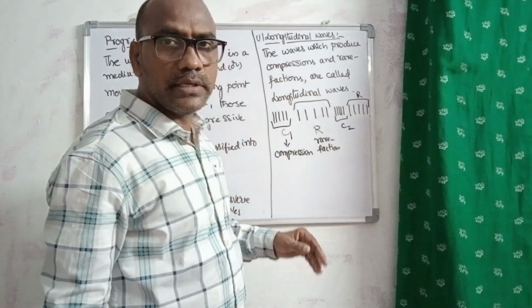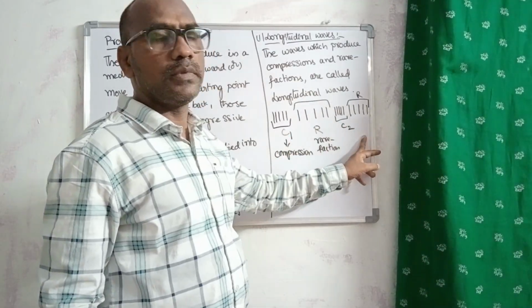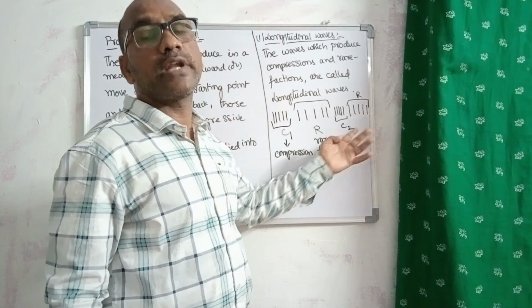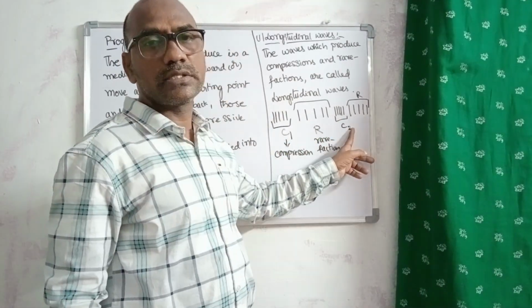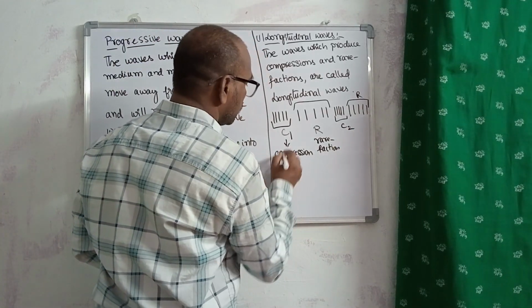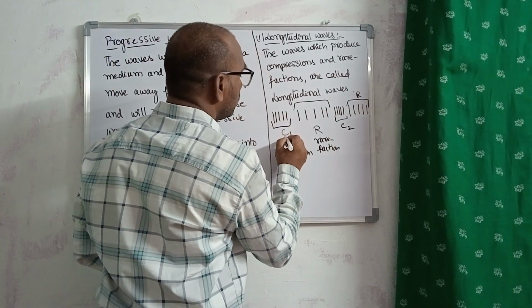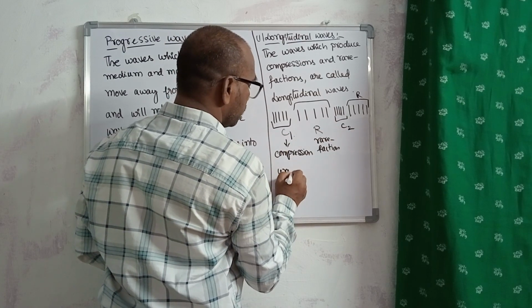We are just measuring the distance from compression 1 to compression 2, the consecutive crests. So what is the wavelength? The distance from C1 to C2.